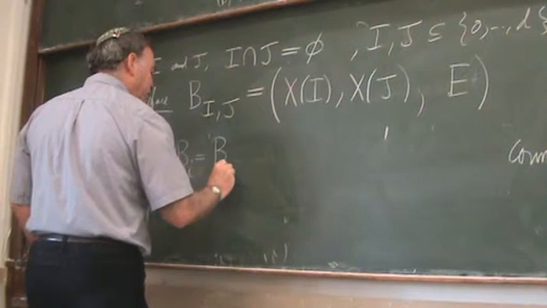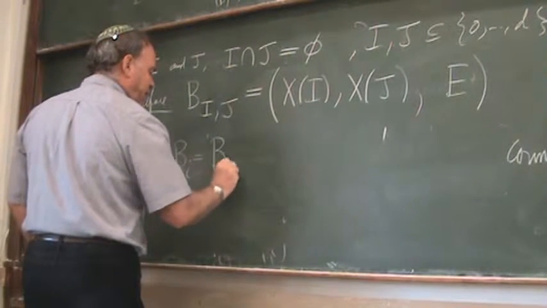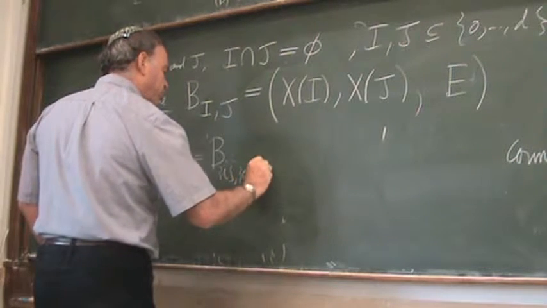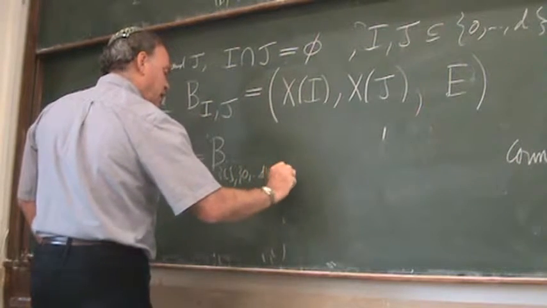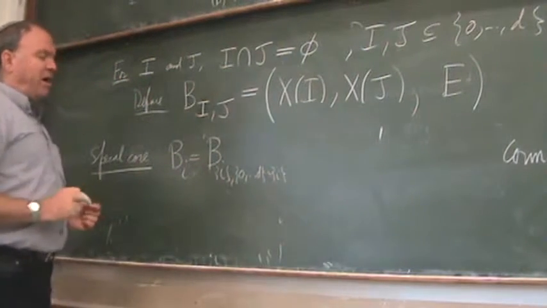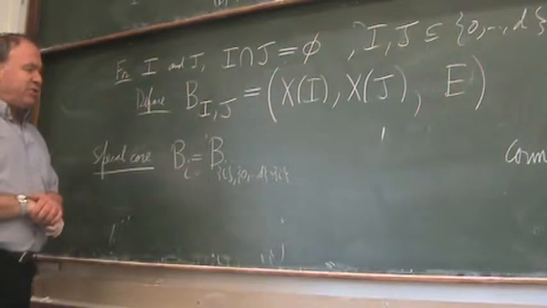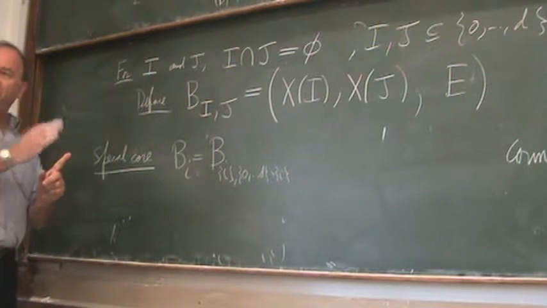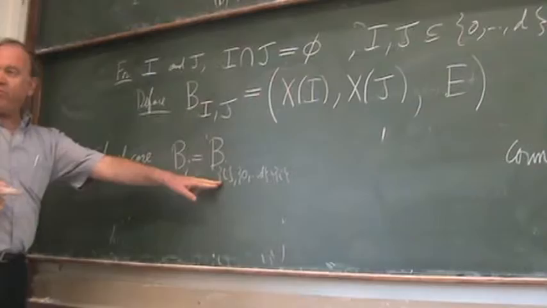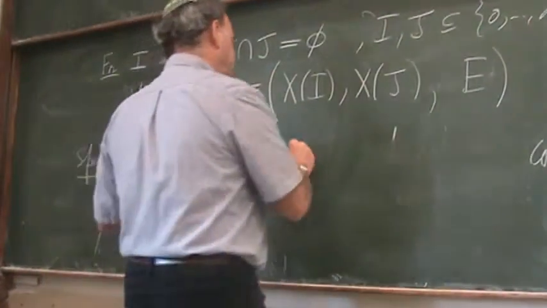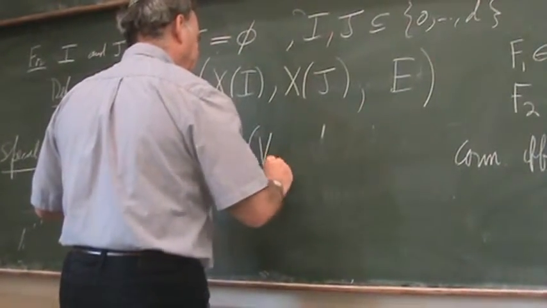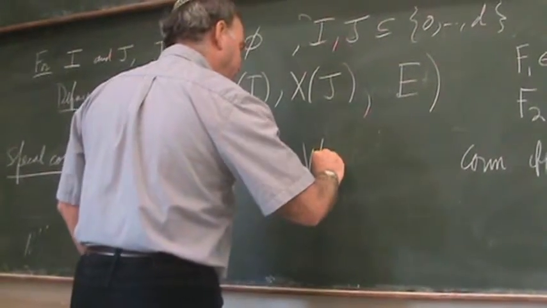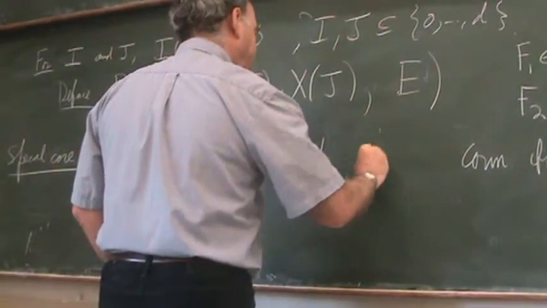is, formally speaking, the set I and the set 0 up to d minus I. I will look at the bipartite graph such that on one side I have all the vertices of type I. So this is, if you want to be very explicit, W_i with walls, I will call it without I, and edges.